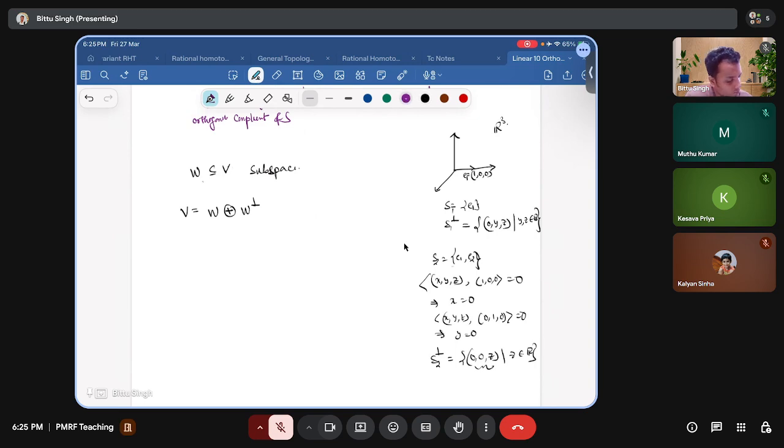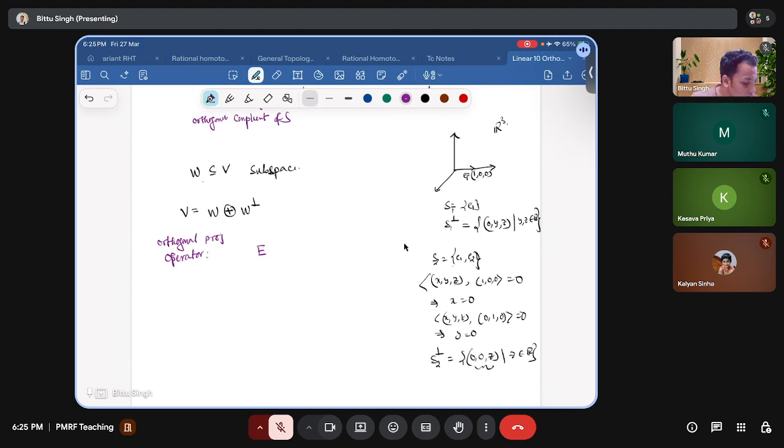Okay, so let me define an operator, the orthogonal projection operator. I am calling it the orthogonal projection operator, non-standard.